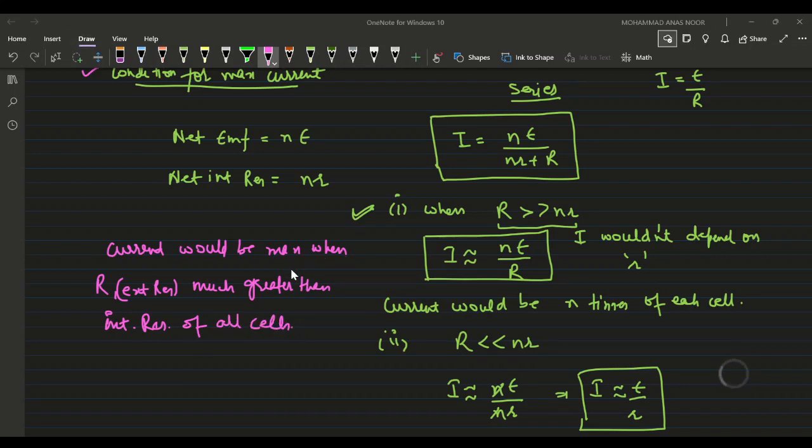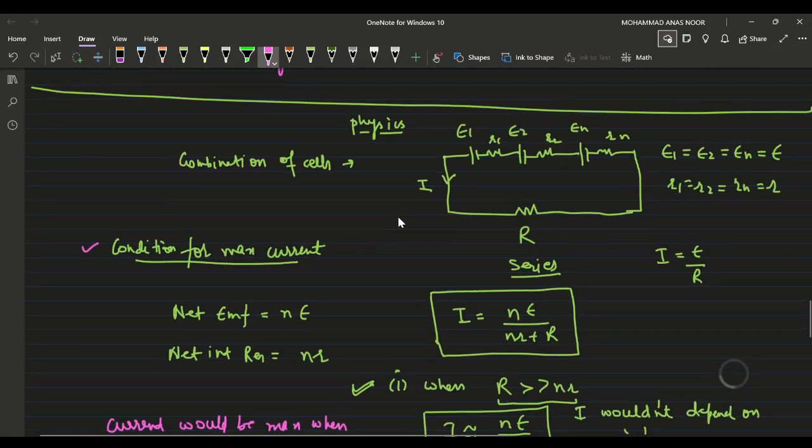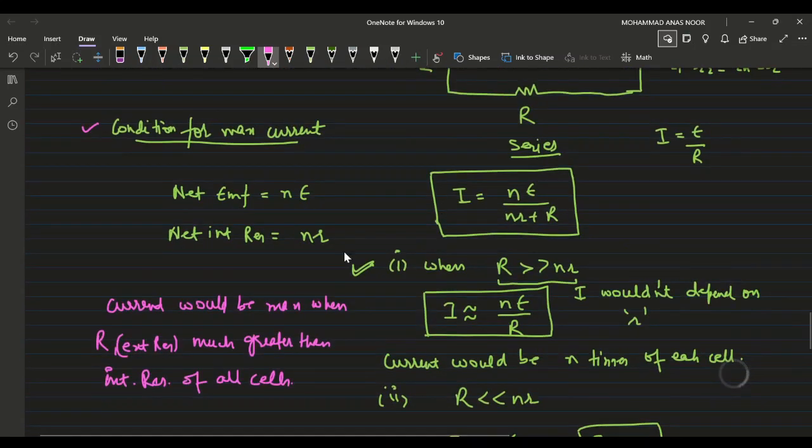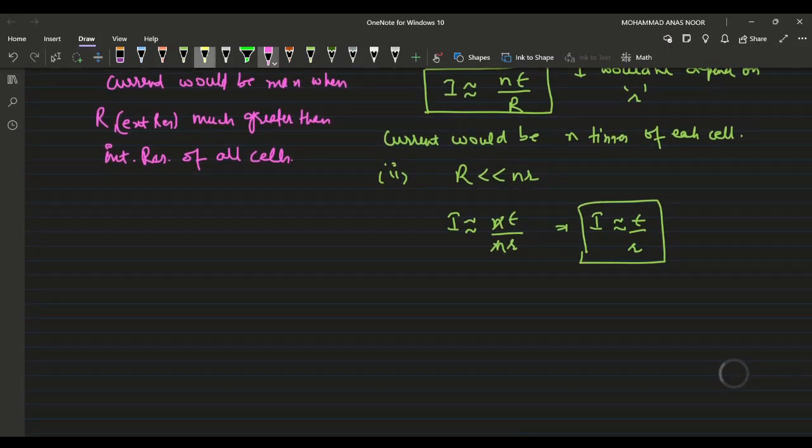Correct? Yes, this is the first case. If you connect cells in series, you'll get the maximum current when R is greater than the internal resistance. Now the second case, for the parallel.